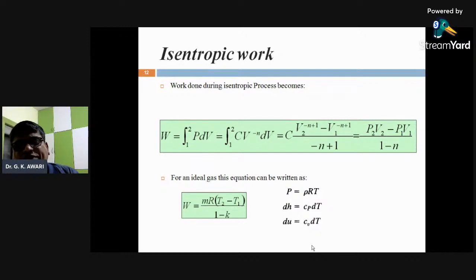Work done is equal to (P2 V2 minus P1 V1) divided by 1 minus n. This is nothing but the isentropic work, that is work done during the isentropic process.